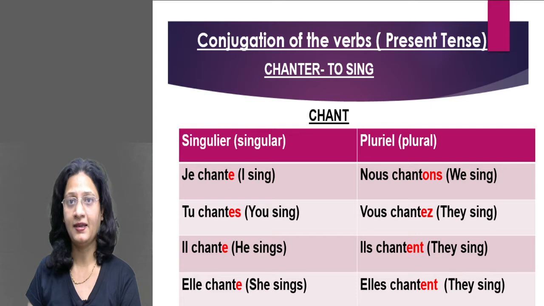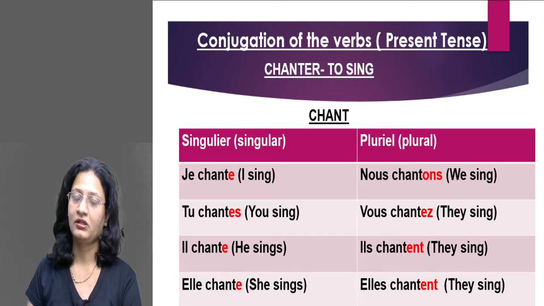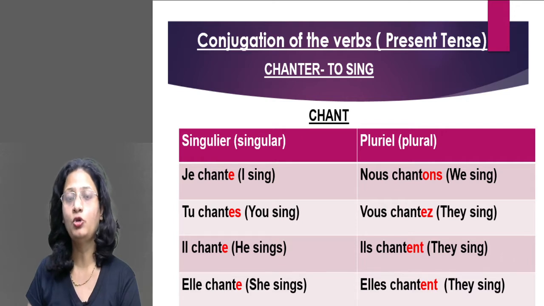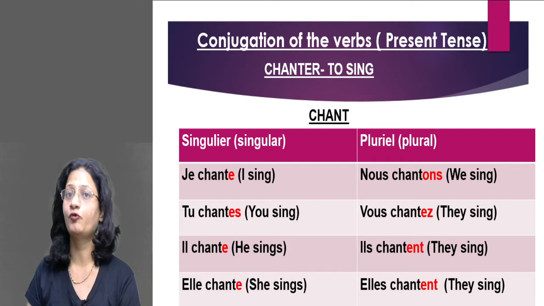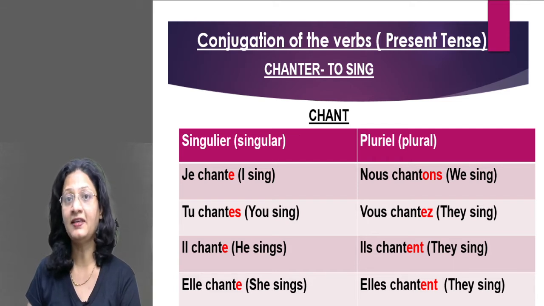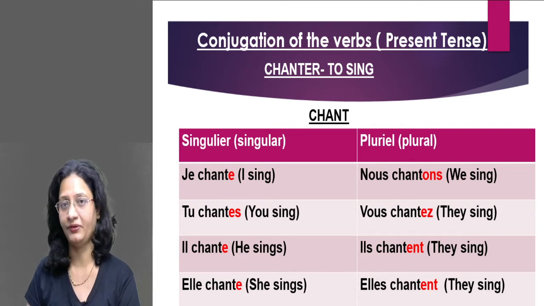For il, elle singular we add E again. Then for plural nous we add the ONS ending. For vous we add the EZ ending. And for ils, elles plural we add ENT.